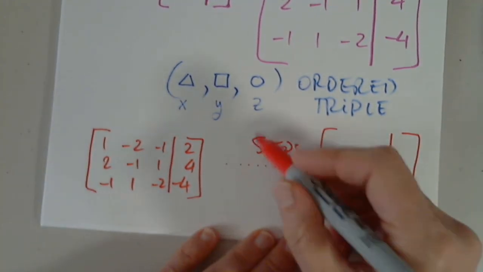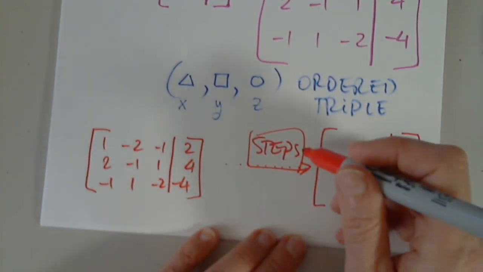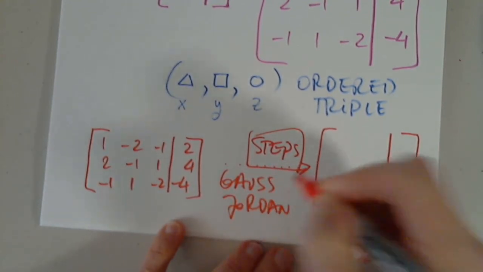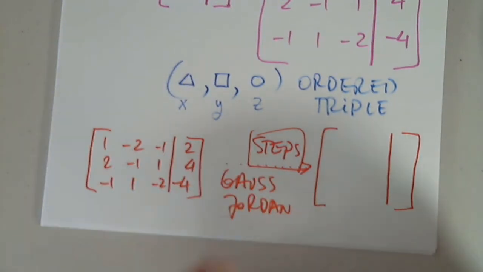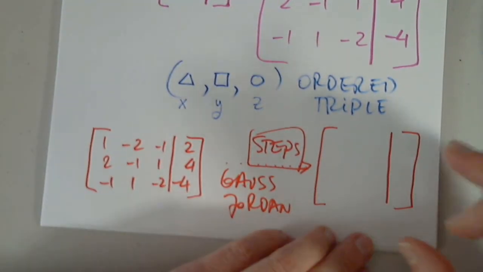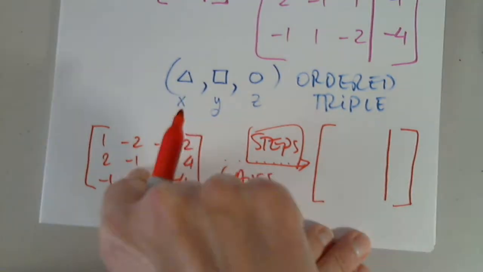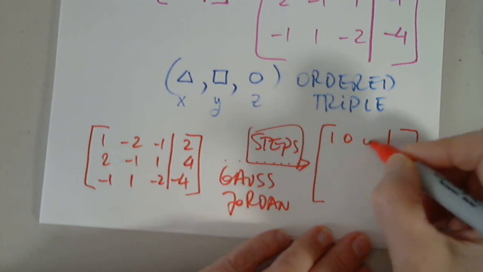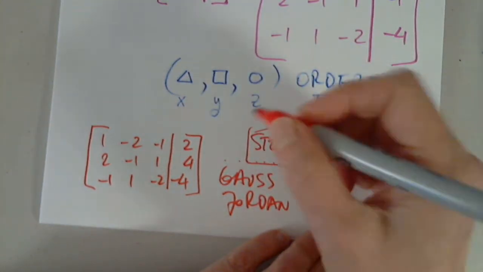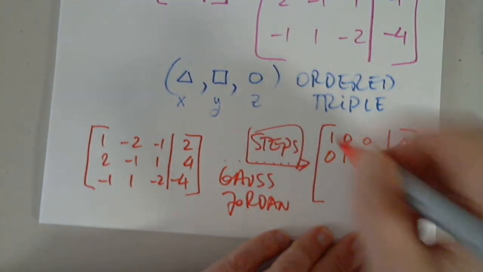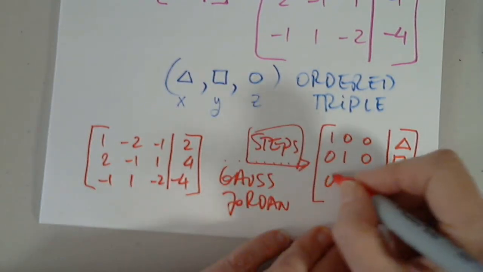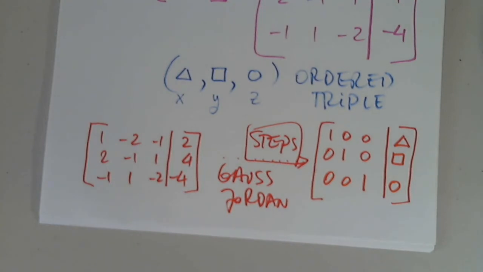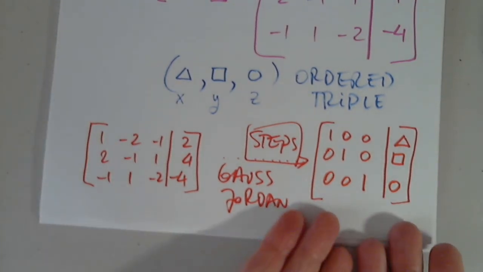Through some steps, and I will explain the steps. That's what the method is all about, Gauss Jordan. So to this matrix, I apply the steps from Gauss Jordan, and this is what I want to determine. I want to change this into this after the steps are applied. And you could say, what is this?